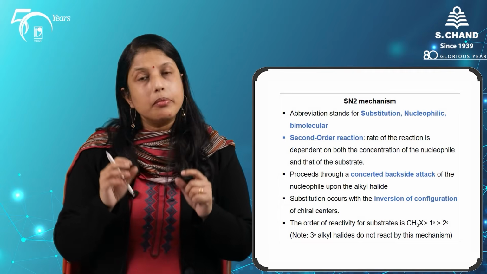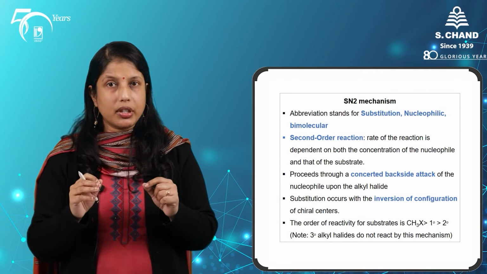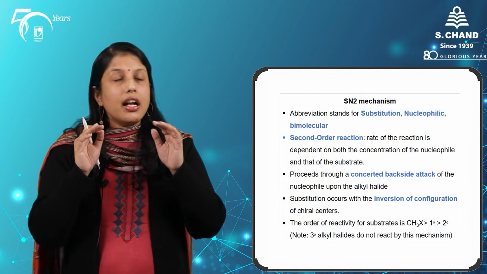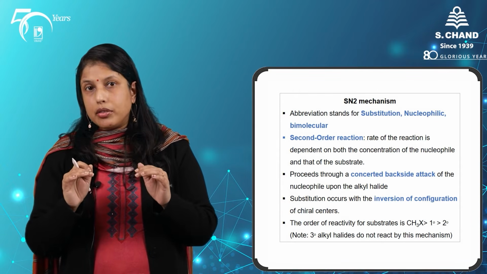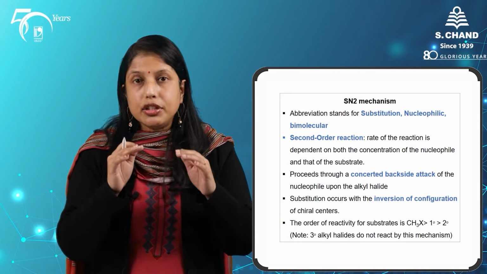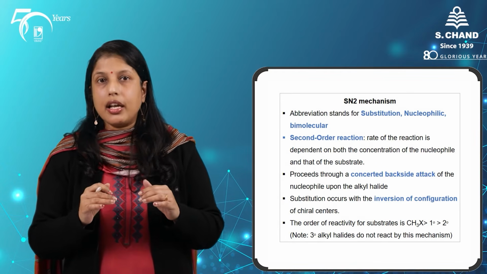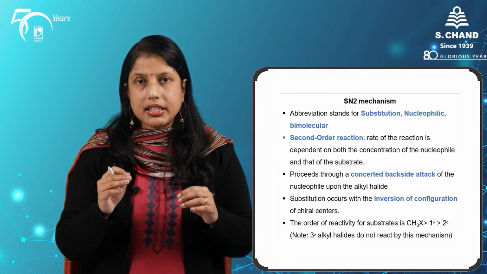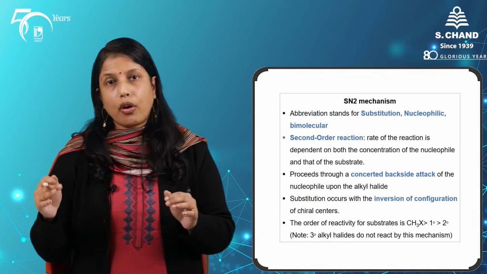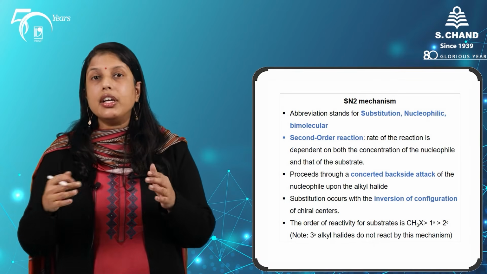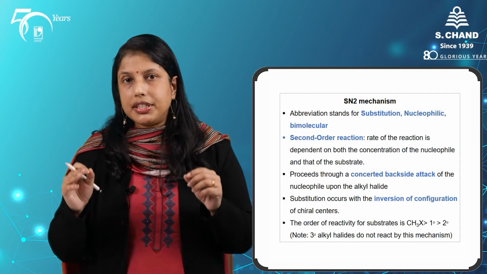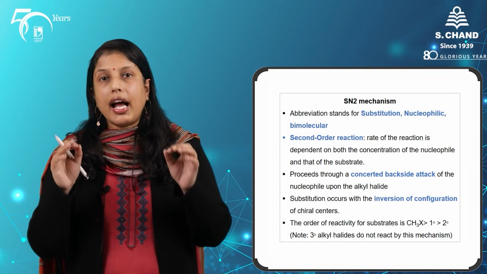And finally, perhaps what is most important is if we have a chiral carbon which is undergoing this nucleophilic substitution, then a backside attack will result in the formation of a product which is going to have the opposite configuration. Such a displacement is known as a Walden inversion.